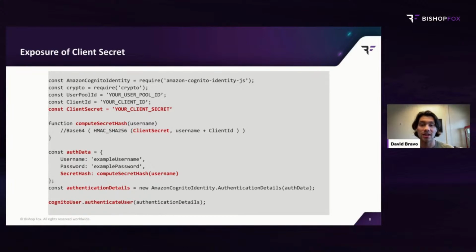Sometimes you may get to the front page of a web application, and if the web application is using AWS Cognito to authenticate and authorize users, then you might see this client secret hard coded into the front end assets to authenticate and authorize users to the AWS Cognito instance.